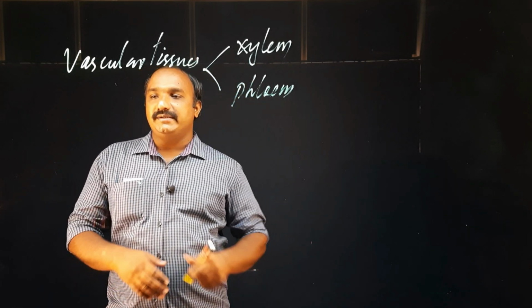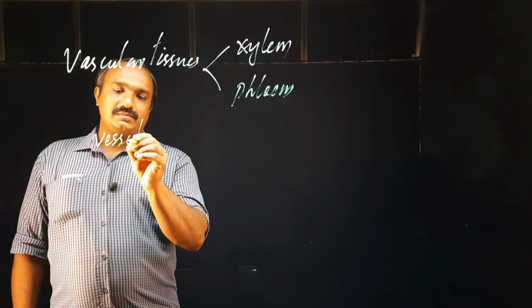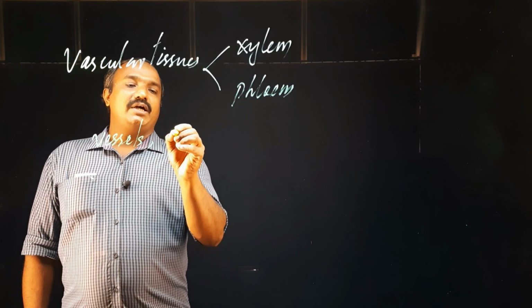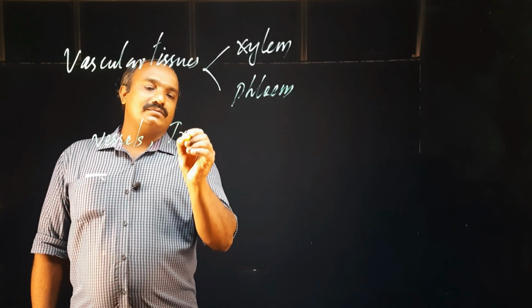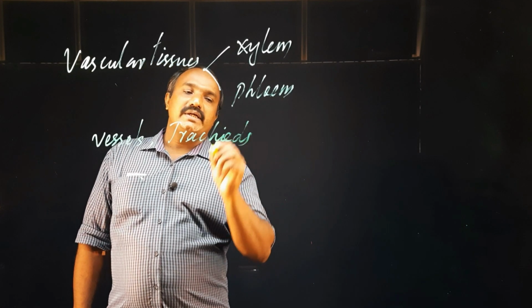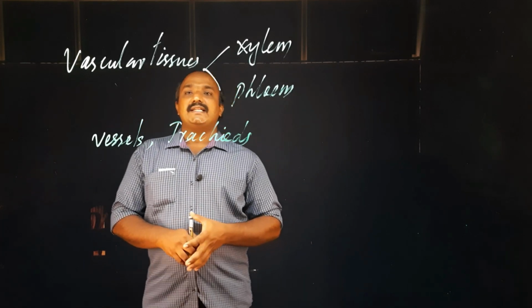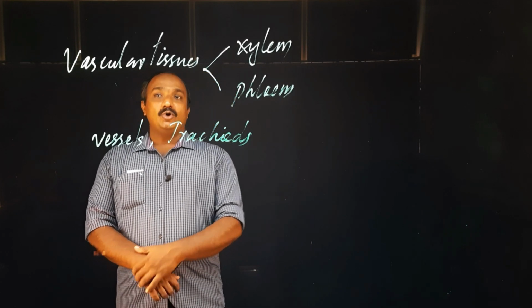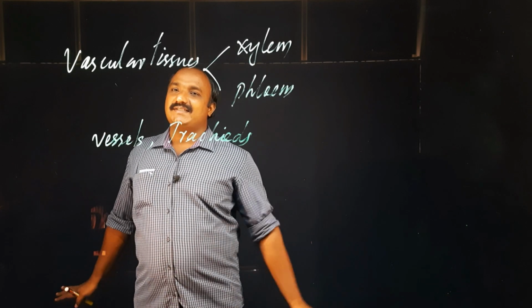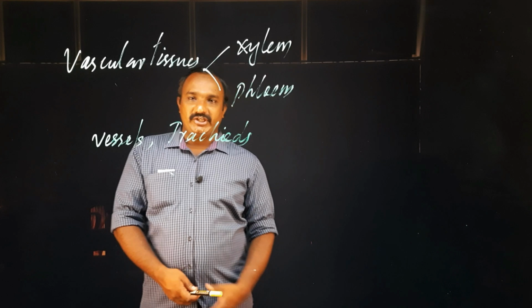They are called vessels, and another one, tracheids. Vessels and tracheids. These are the two types of cells, especially dead cells. They will not grow. So these dead cells are present in the xylem tissue.